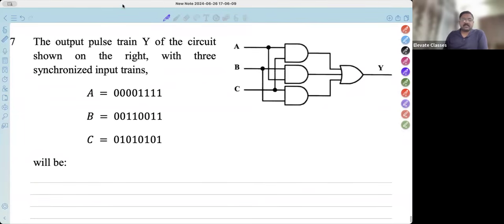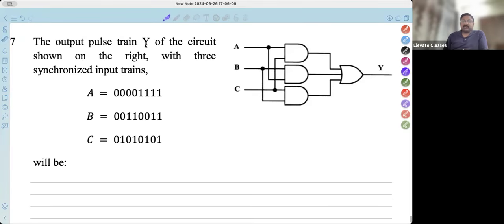The only reason I'm taking this is, if you look at the options, you still need to check up to 5 digits to get the right answer. That is why this question is interesting. I'm very sorry, I forgot to take a screenshot of the options, but let us very quickly see how to solve this.